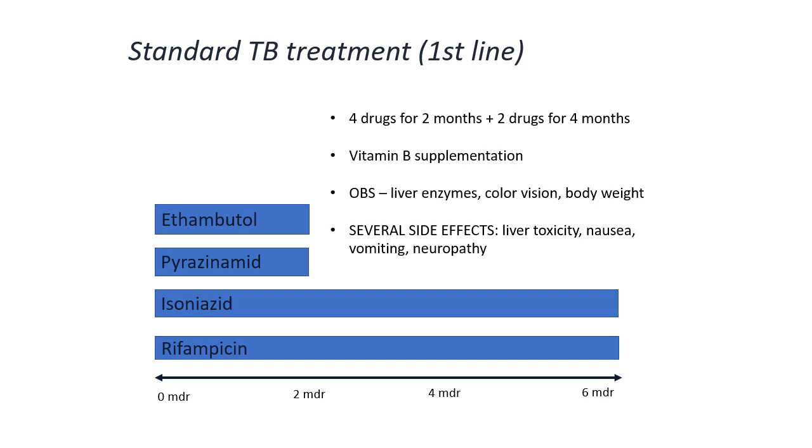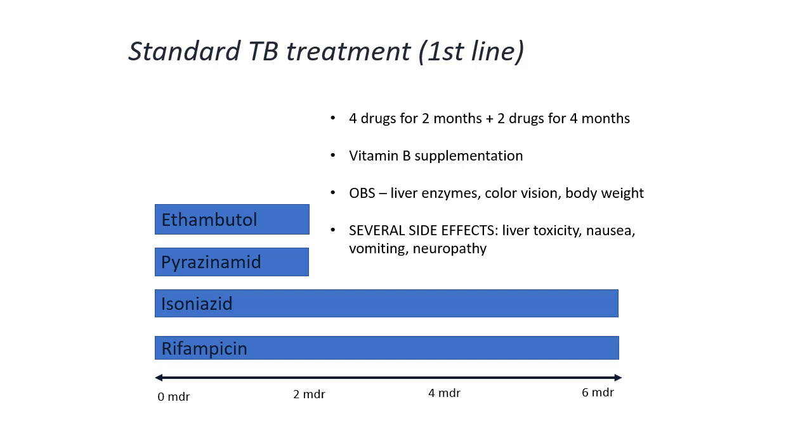The treatment is supplemented with vitamin B, because isoniazid can cause neurological side effects that can be somewhat prevented by supplementing vitamin B. Be aware that there is a high risk of liver toxicity, and patients should be informed to react to changes in color vision, and the treatment should be adjusted according to low body weight.